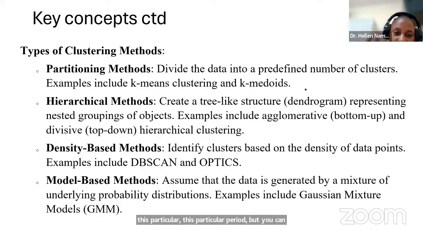I've talked about the hierarchical method. Here, like I mentioned, you create a tree-like structure, that is the dendrogram that I've just illustrated, whereby it keeps nesting different objects to come up with the different clusters.